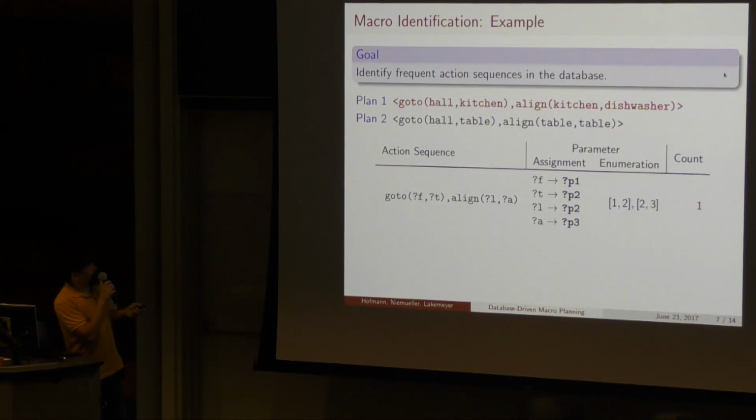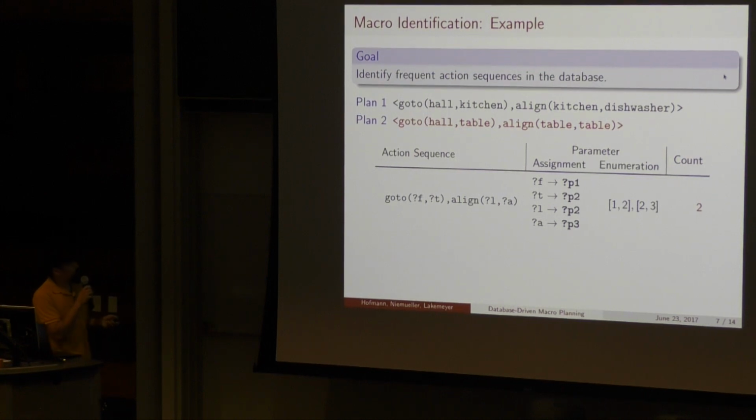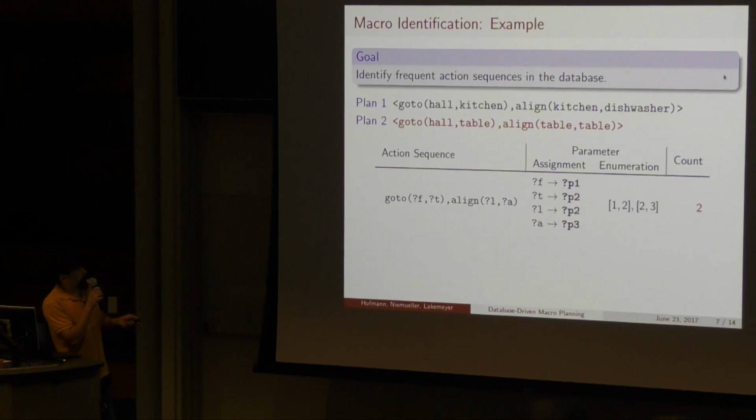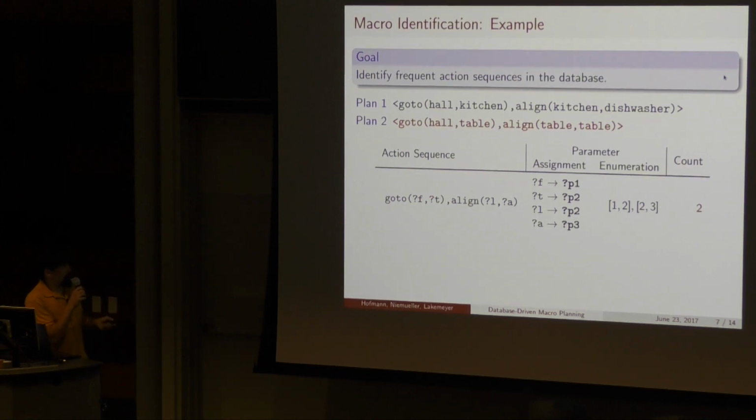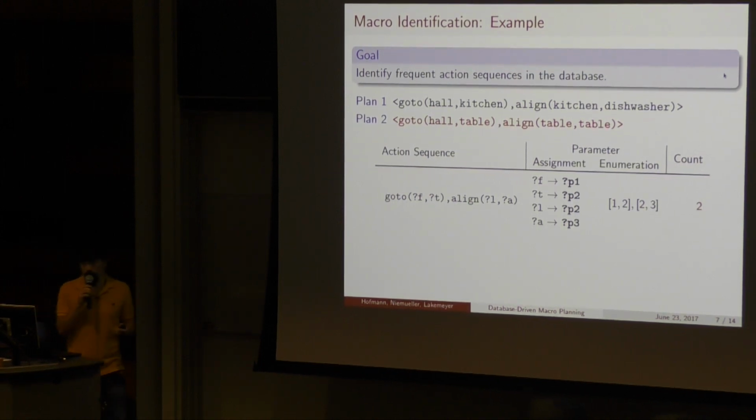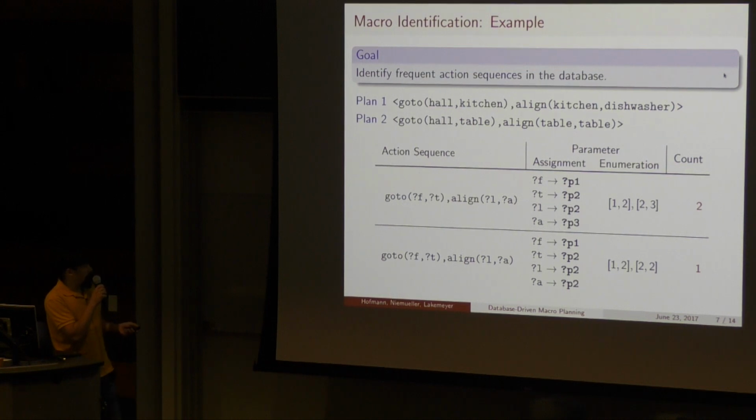Then we go to the second plan, and of course we can see the second plan is also an instance of this action sequence, because we can assign hall to P1, table to P2, table to P3, but also P3 to table. So plan 2 is also an instance of this sequence. But we can also see that there's actually another sequence that we can get here, which is also go-to, align, but only with 2 parameters.